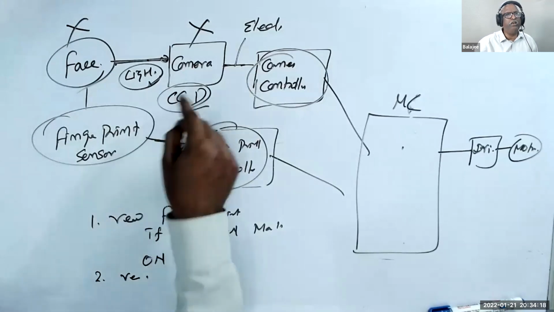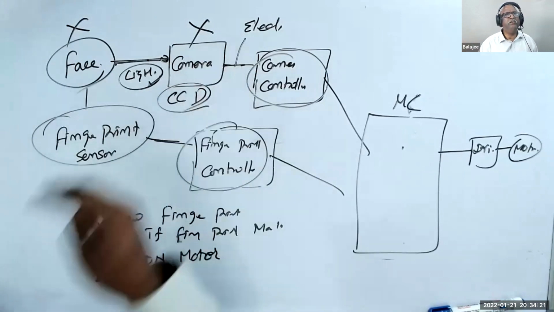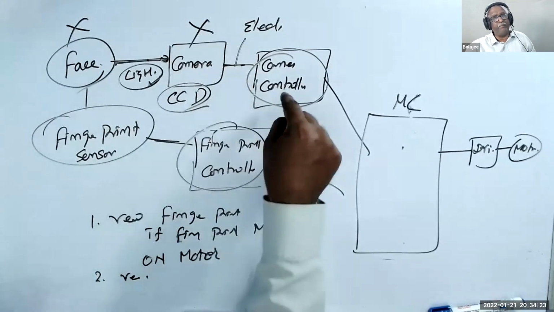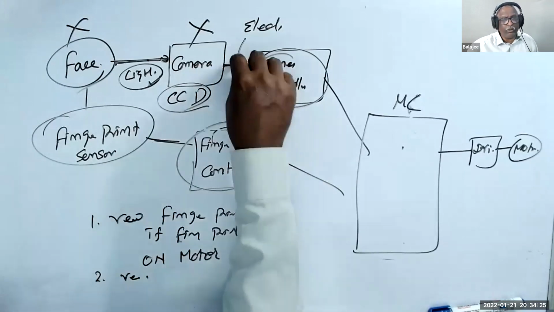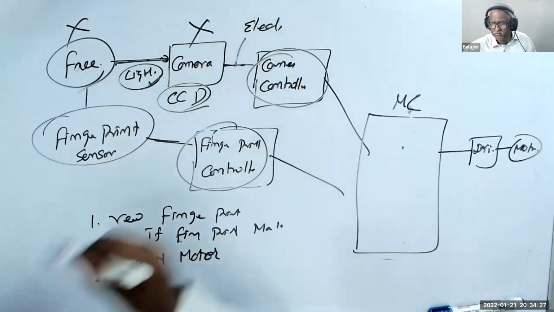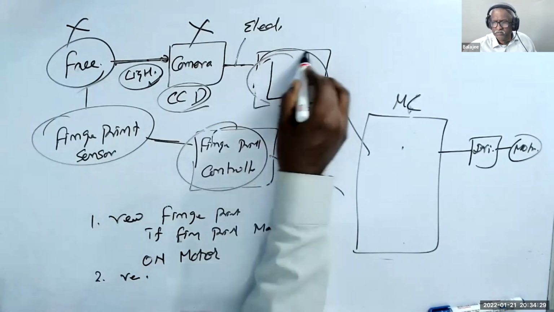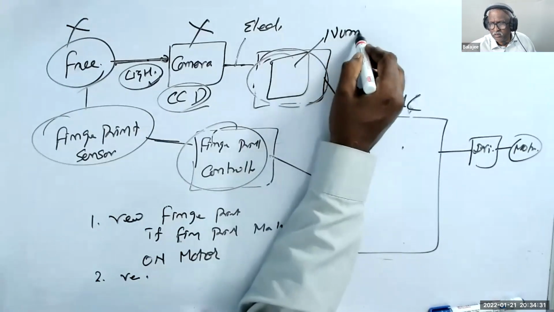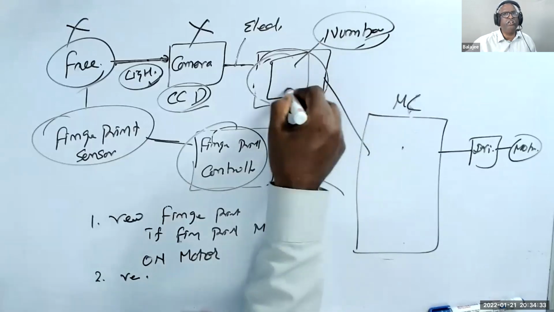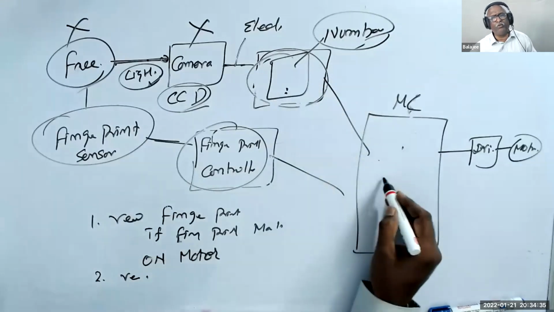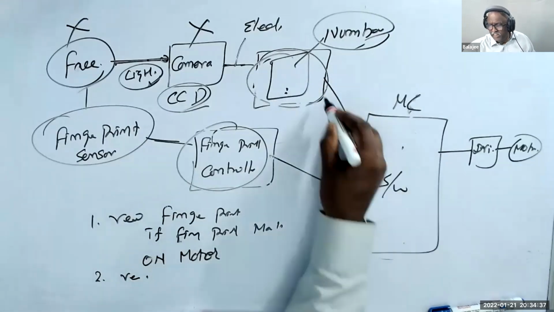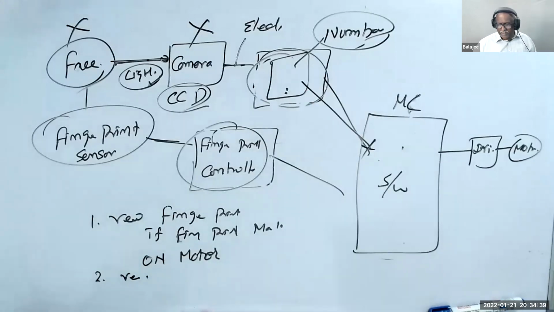They convert the light to voltage. And the camera controller will convert your face into numbers. That is this guy's job. Then your software will read the numbers, then compare, then do that.